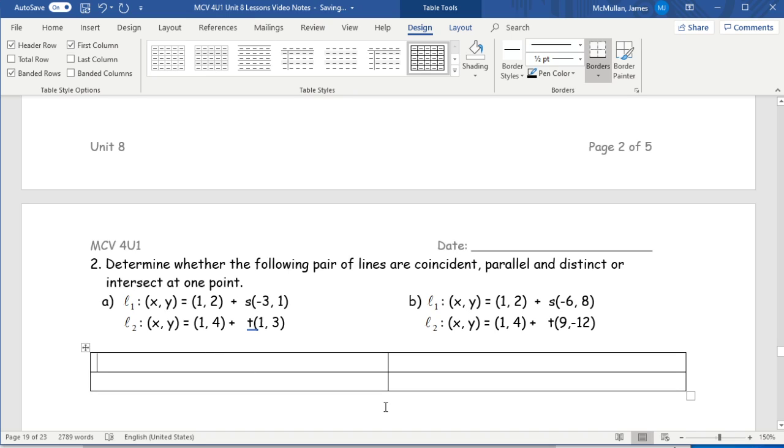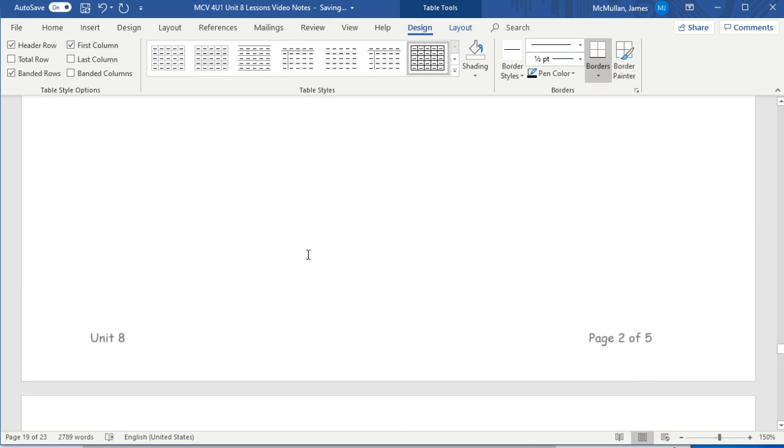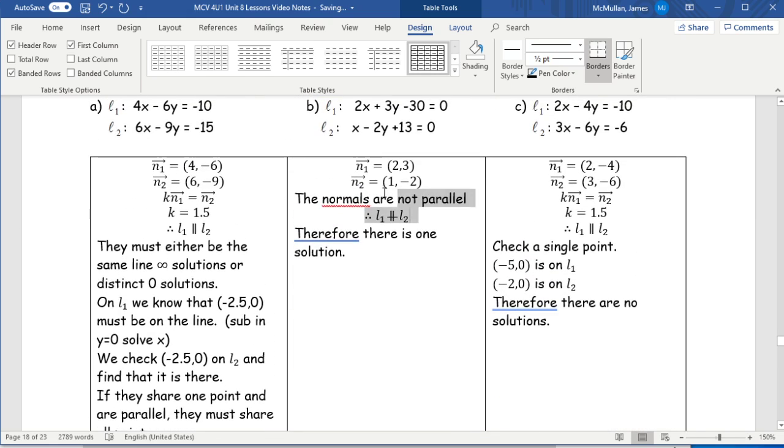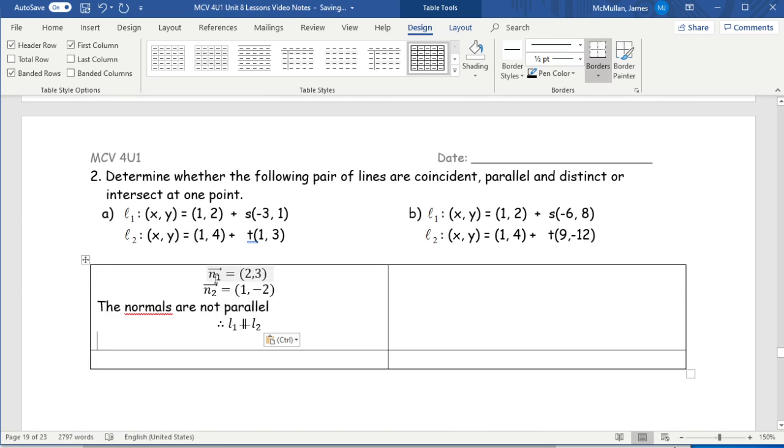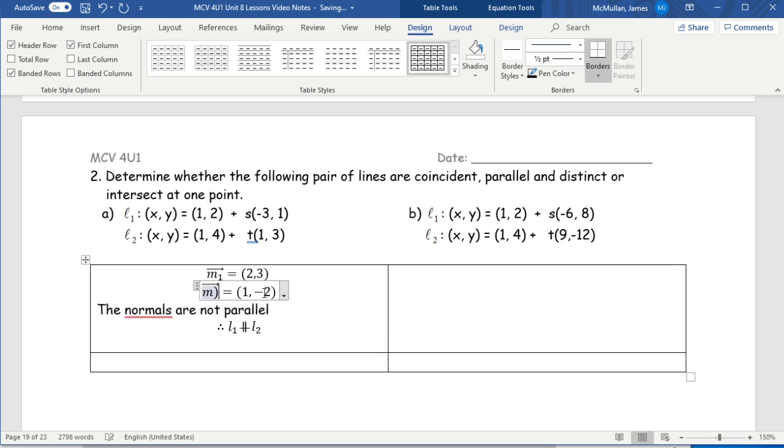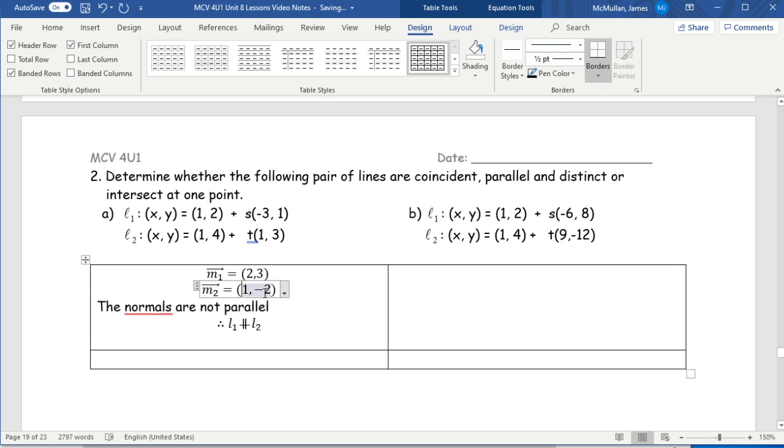So again, in the first case, let's do something like this. Okay, so I'm not going to say n this time, so I'm not talking about the normal. I'm talking about the direction vector. So the first direction vector was -3, 1.